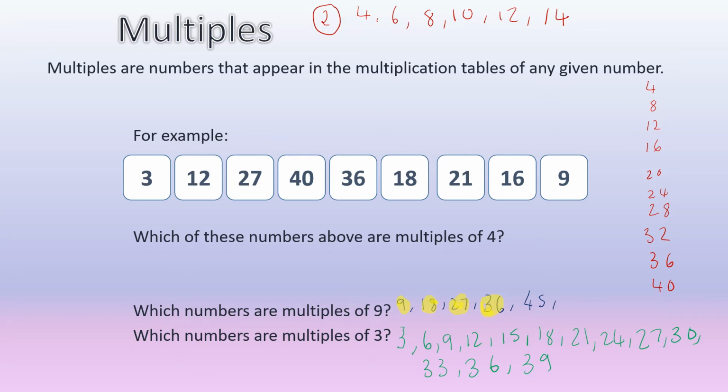So we've got a 3, we don't have a 6, but we have a 9, we've got a 12, we don't have a 15, but we have an 18, we also have a 21, we don't have 24, but we have 27, we don't have 30 or 33, and we have 36, and we don't have 39.